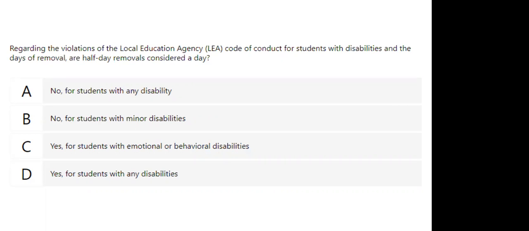So this question is just assuming that there is a difference for the code of conduct for students with disabilities. And it's specifically looking at days of removal or half-day removals, suspensions, in other words.